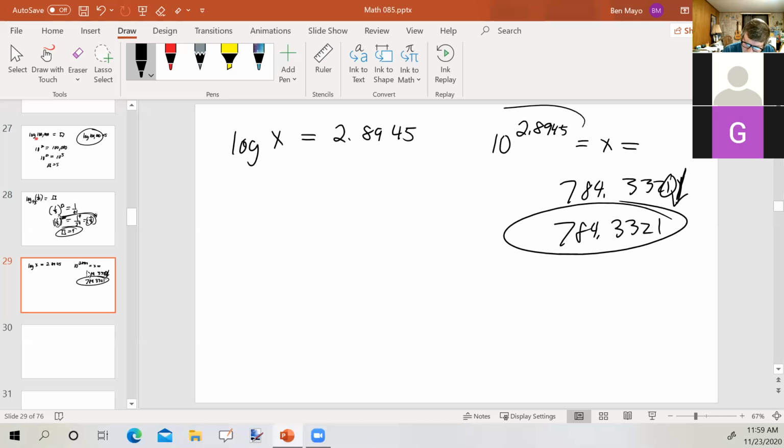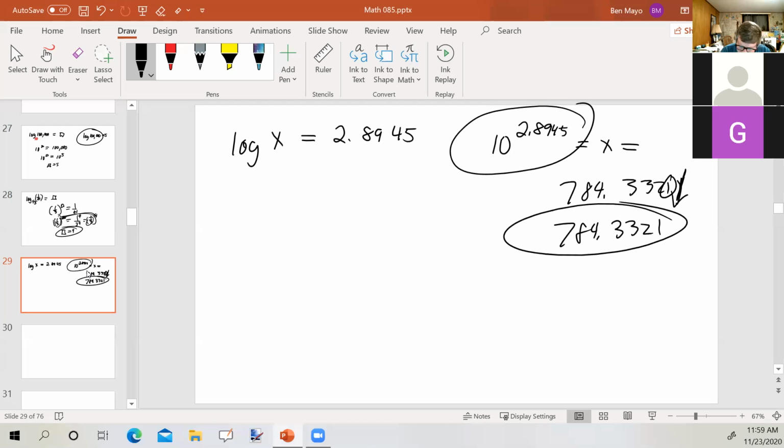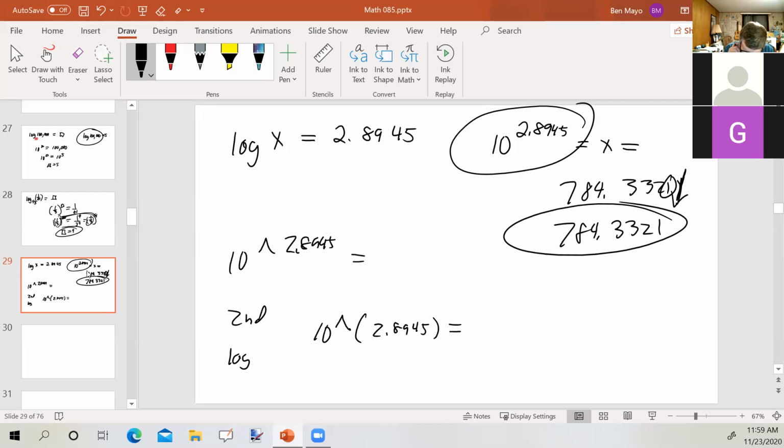Now, there are 2 different ways I could put that in my calculator, and they're both about the same number of keystrokes. I could go 10, then the little caret, and then 2.8945 equals, or I could go second log, which gives you the 10 to the x button, and it looks like that. Then you'd put in 2.8945, close it up, equals.